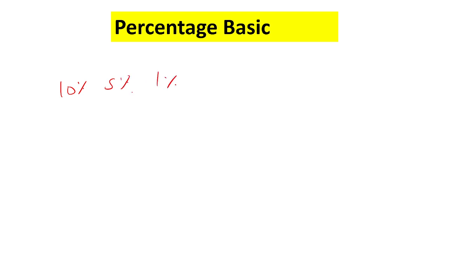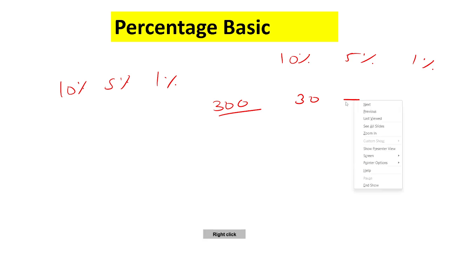If you want to find 5%, just divide the 10% by 2, that is half. For 300, 10% is 30, 5% will be 15 and 1% will be 3.